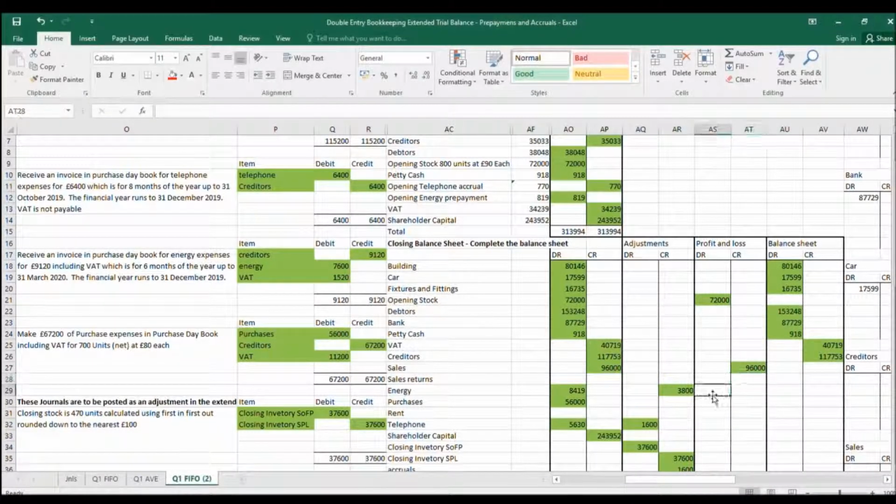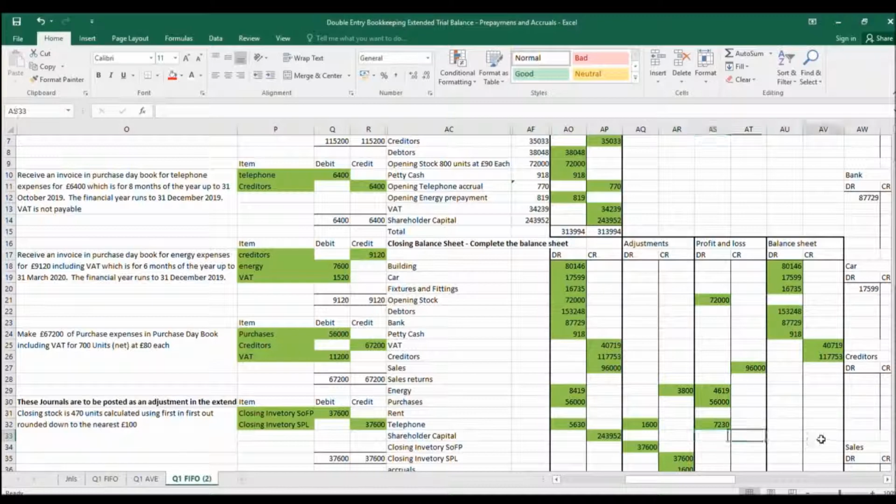The energy expense then is that plus, oh, we're going to take off the adjustment, so it's the debit minus the credit. There, the purchases is that. Our telephone expenditure is going to be that, and we're going to add on that accrual.